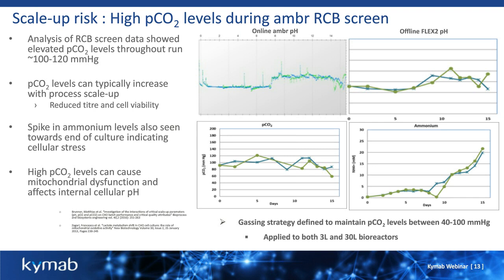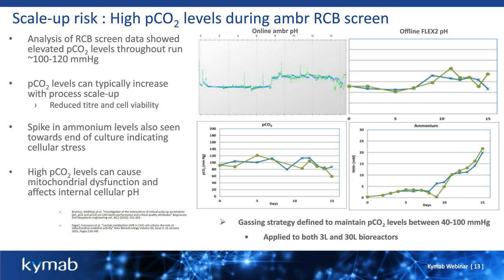If you look at the top two charts, the left-hand side chart shows the online ambr pH, and the right-hand side top chart shows the corresponding sample FLEX pH data. As you can see, we had very good pH control between the replicate conditions, which meant that the high PCO2 levels that we observed weren't an artifact of malfunction in the pH sensor spot.